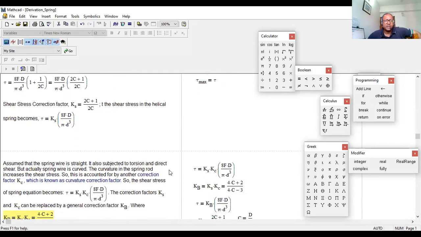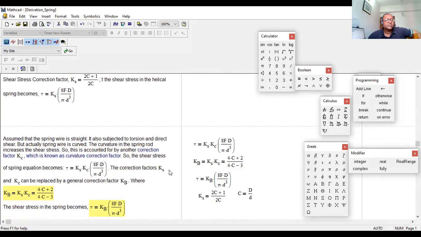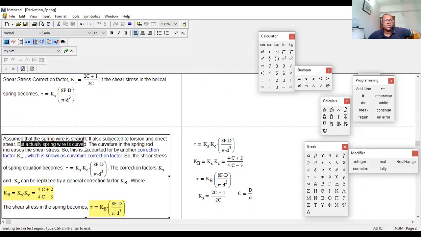So experimentally, we figured out another correction factor, which is called Kc. It says assume the spring wire is straight, it is also subject to torsion and direct shear, but actually the spring is curved. Curvature in the spring rod increases the shear stress.